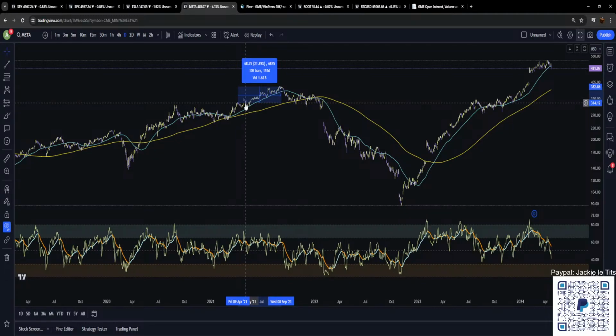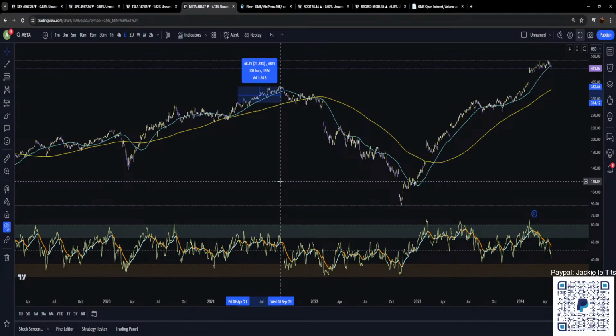Too many people get lost in the sauce on this overbought, oversold stuff, when the truth is, when the RSI is at 70, it implies that there is some level of strength. When that relative strength index measures 0, which has 0 strength, all the way up to 100, which has maximum strength, when you're at 70, that's implying that things are relatively strong.